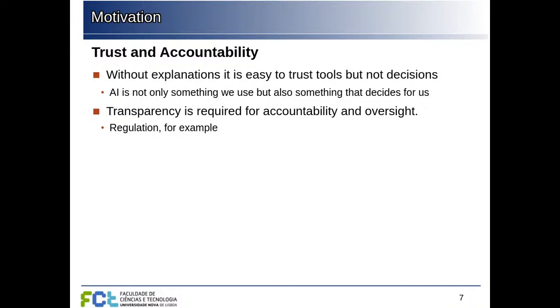So transparency is necessary so that people can trust these kinds of systems. And it's especially important when that trust requires some accountability and oversight. So you can trust that your microwave oven will not burn down your house because there are some people who understand how the microwave oven is working, and they guarantee through regulations and control of the processes of manufacture and so on that the microwave oven is safe to use.